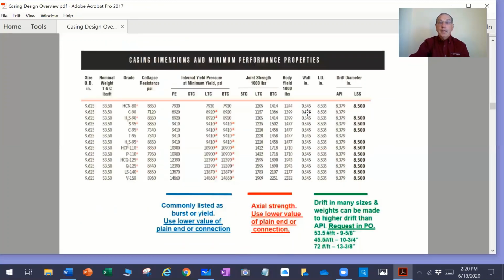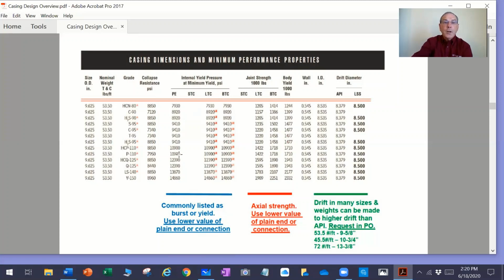So here's another typical casing property list that I want to go over. Let's look at P110 casing. For 9 5/8, 53.5 pound P110 casing, it has a collapse resistance of 7950.